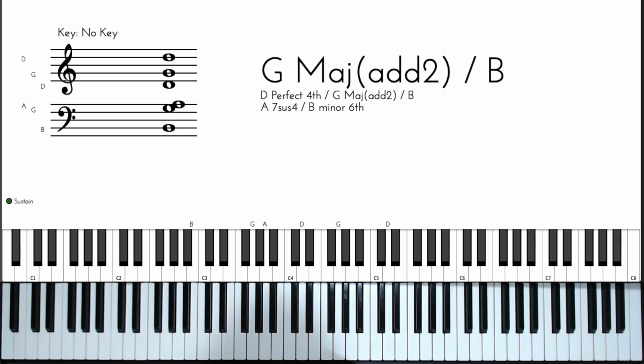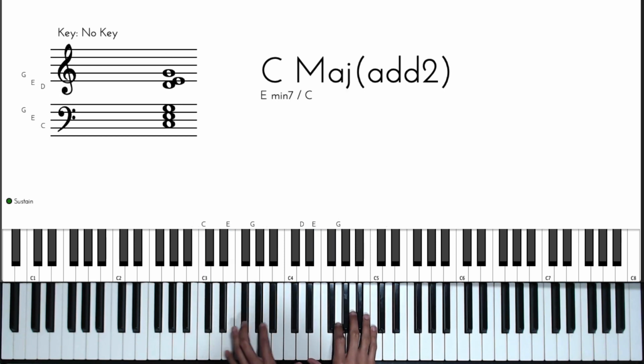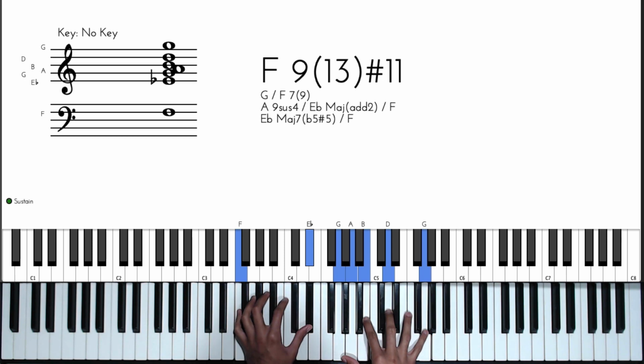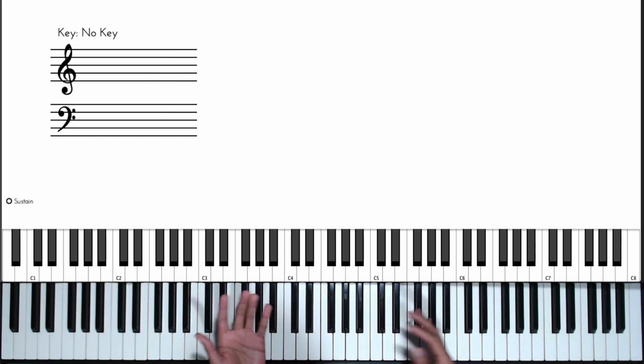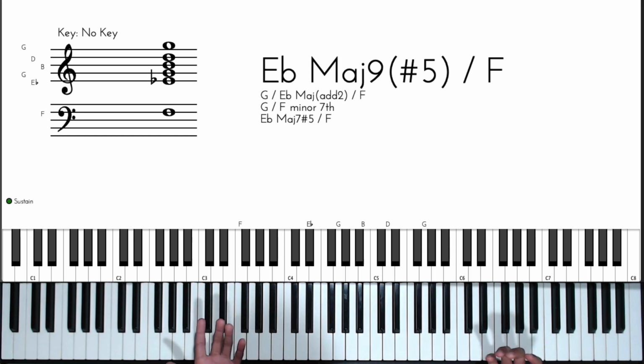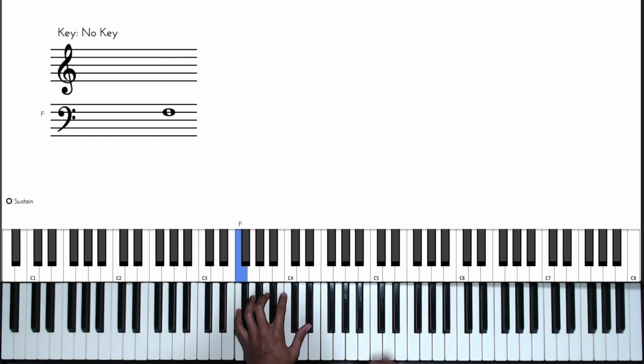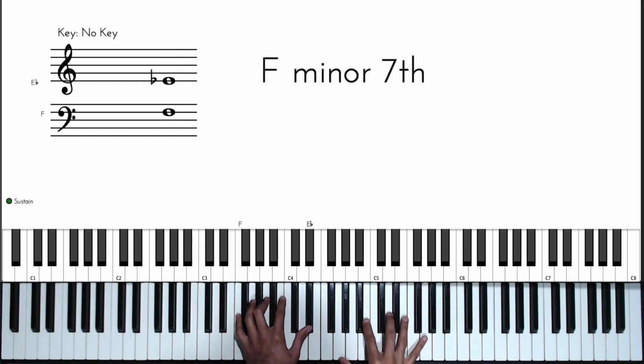Now here, the next chord, it's a C, right? But there's a passing chord that I like to use before getting to the C. It's not that common, but it's sort of a G over F7, right? And it appears on the screen, or I guess the name would be an F9 13 sharp 11, but that's a little bit too complicated for me, so I'll just call it a G major over an F with the minor 7, right?